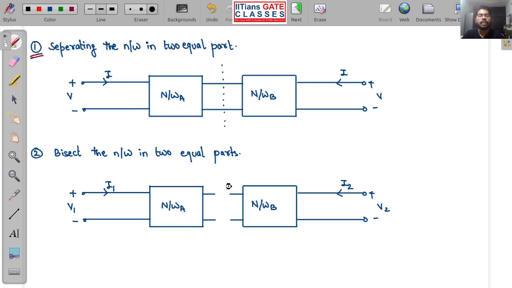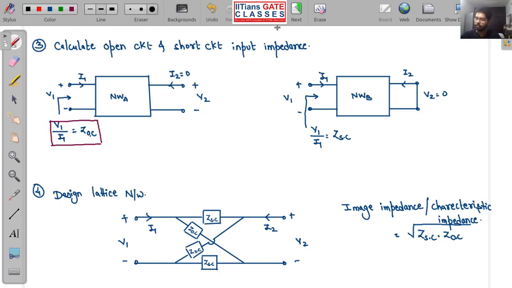Then for the third step, I need to calculate the open circuit input impedance and the short circuit input impedance. Okay, the open circuit input impedance and the short circuit input impedance, meaning output shorted. I need to calculate this.